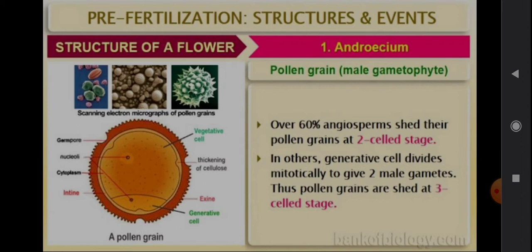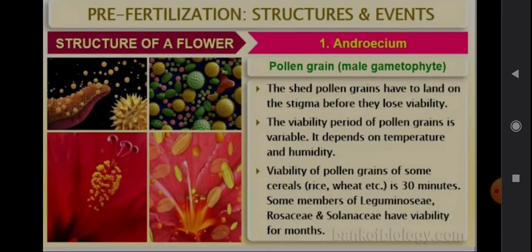And in others, the generative cell divides mitotically, and you will get two male gametes, and thus the pollen grains are shed at the three-celled stage. Pollen grain is also called the male gametophyte. Sometimes they will ask you to write about the male gametophyte or pollen grain in that way.